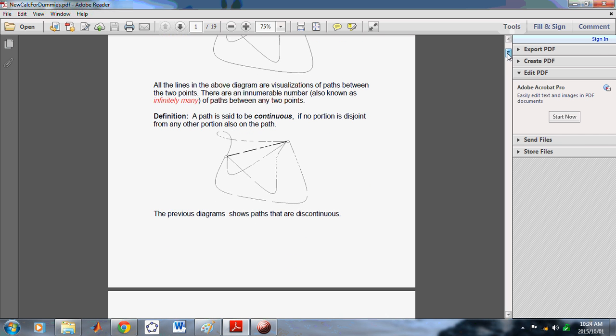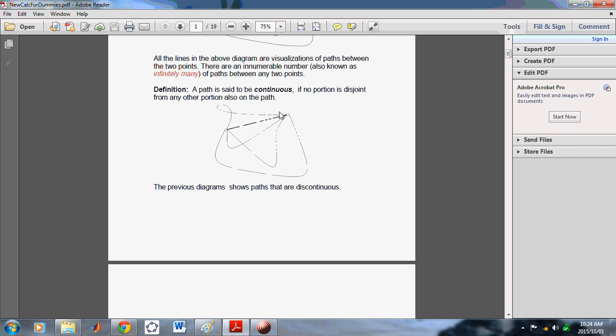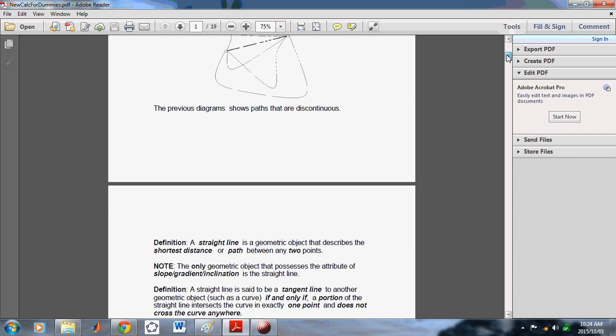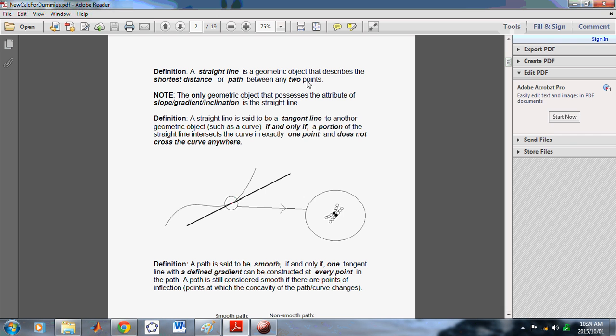A path is said to be continuous if no portion is disjoint from any other portion also on the path. So this gives you an example of discontinuous paths, because there are disjoint paths. Yes? So let's continue. A straight line is a geometric object which describes the shortest distance or path between any 2 points.